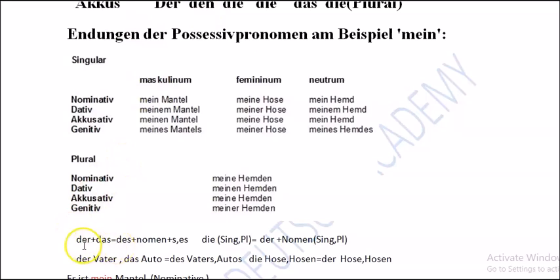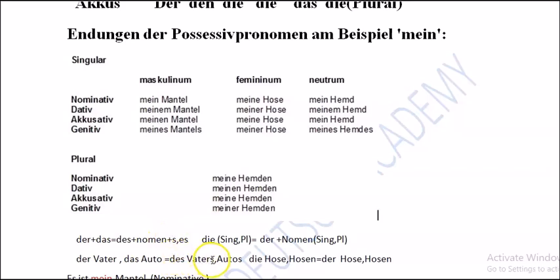When it is der and das, we change them in genitive to des. The genitive form of der and das for both of them is des, and so we use des plus Nomen plus s or es. The example is given here, like we say, my dear Vater: according to this rule, we change der to des plus Nomen plus noun, and we add s with it.